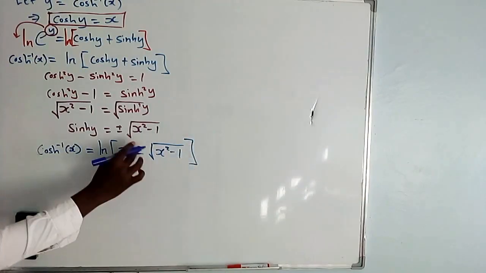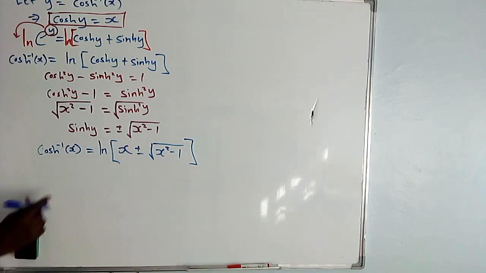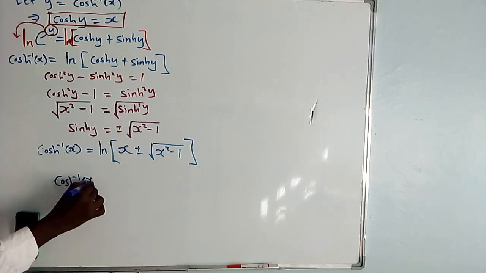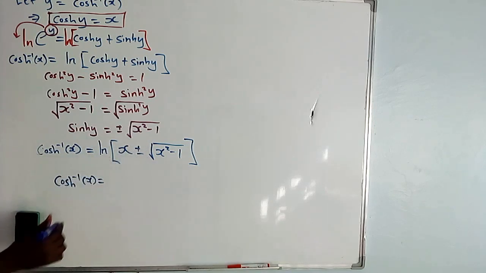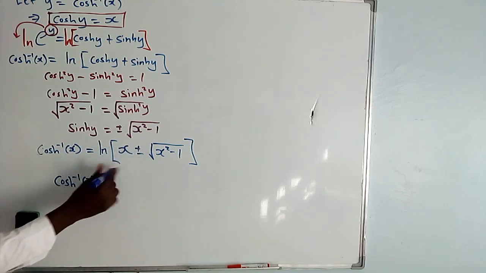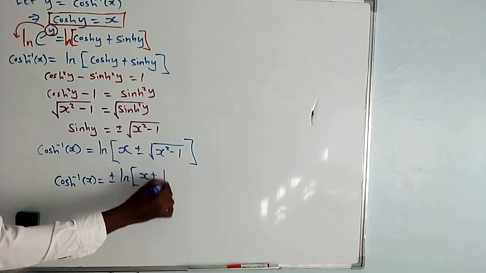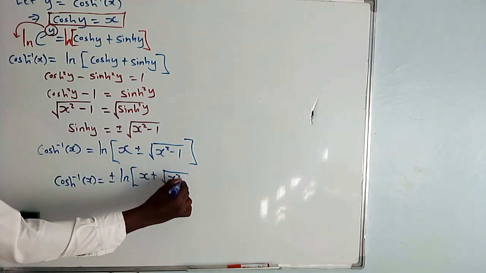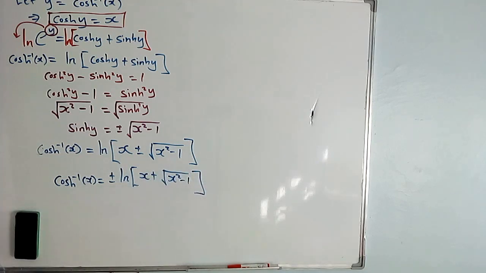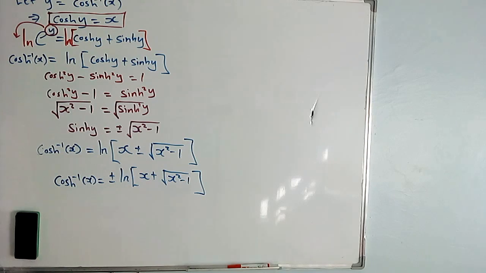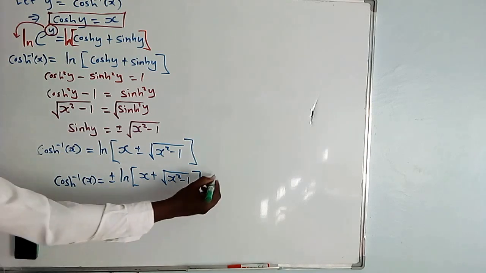If you remove the plus or minus inside and use the principal value, cos inverse of x is plus or minus ln of, in brackets, x plus the square root of x squared minus 1. Now we have found the logarithmic form of cos inverse of x.